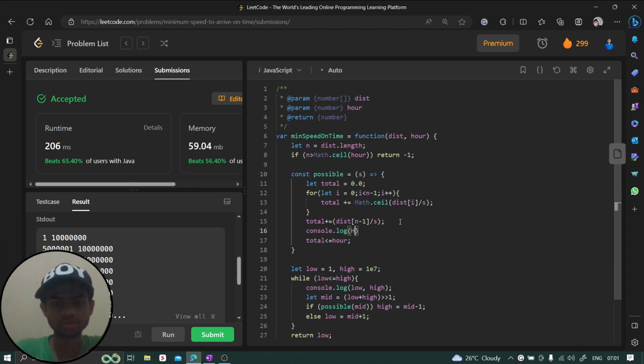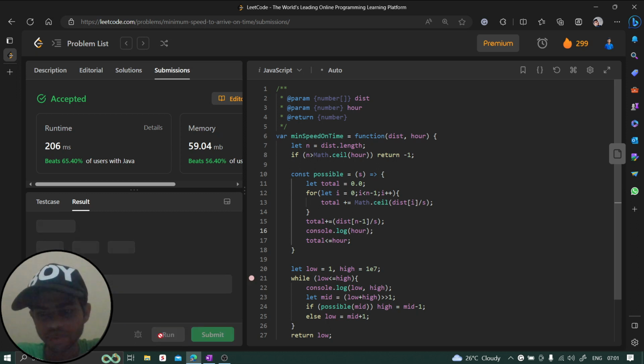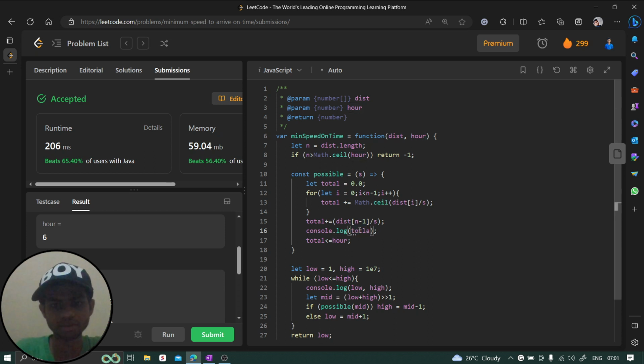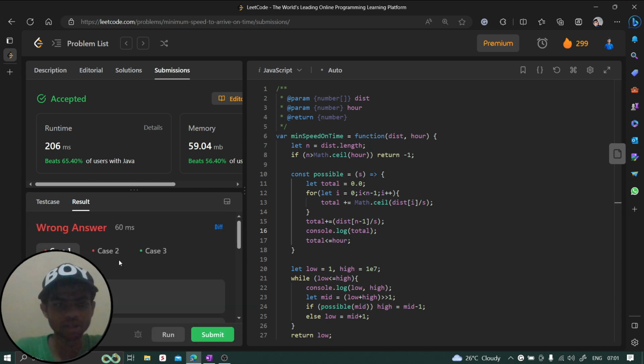Console.log our line. I don't know why we got this error in JavaScript. So what we got here is nothing but 6. We got 6 hour, right? So fine, it's not hour. What I am doing here is total, right? So I don't think it should give this much, right?